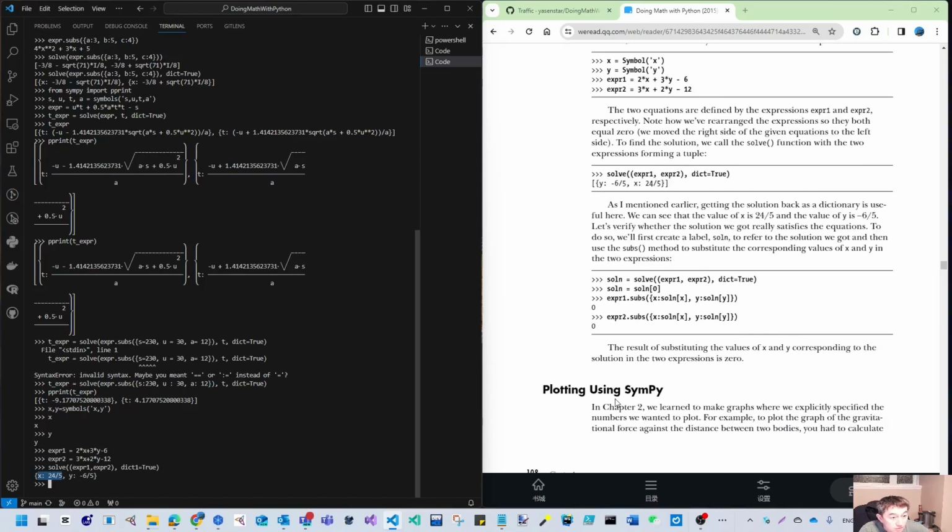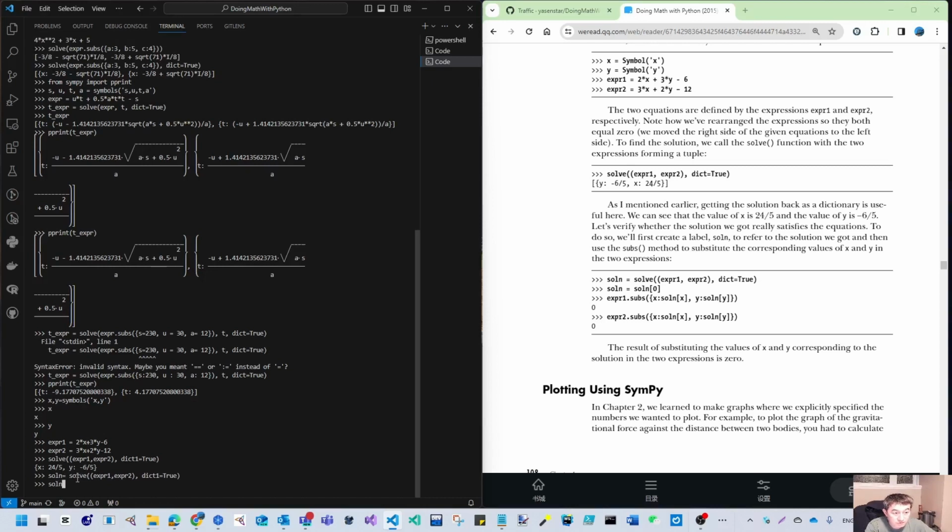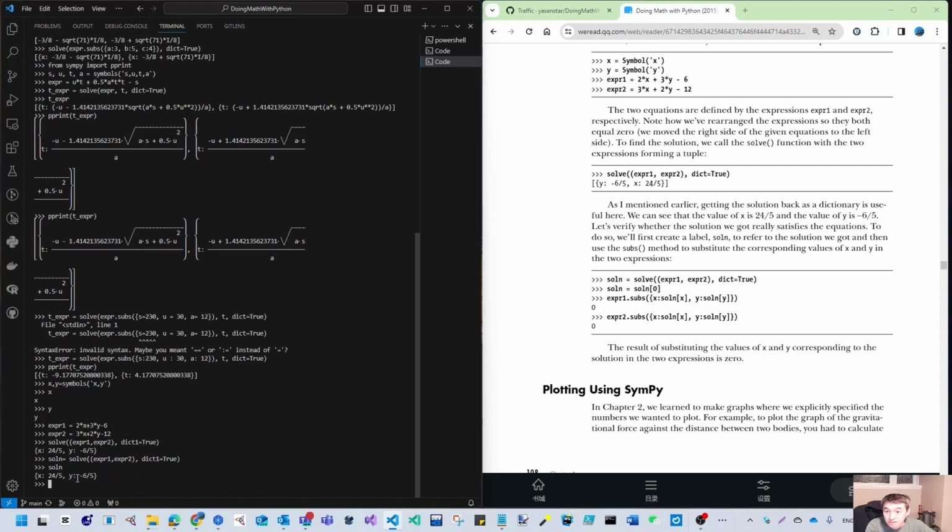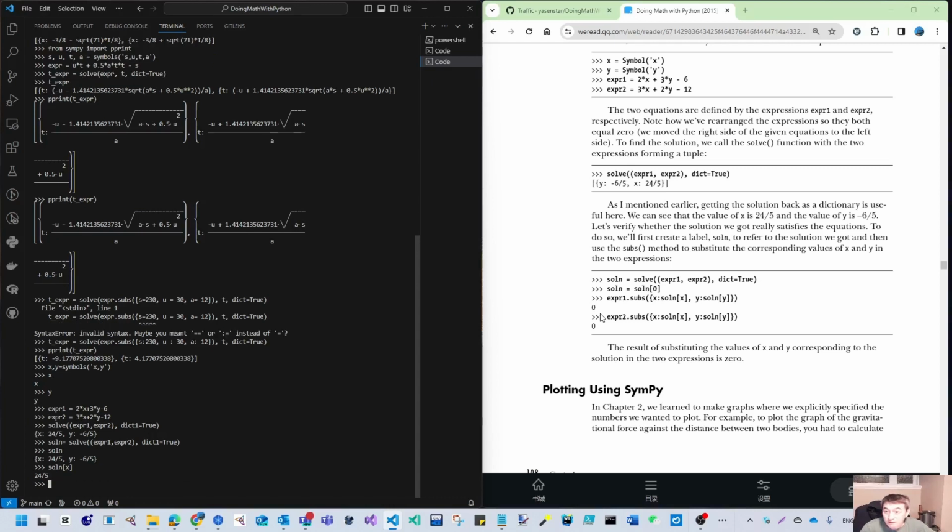Since I already have the dictionary, I may not need to have the list resolution. So let's see the solution. Solution is a dictionary. So I can directly use solution x.